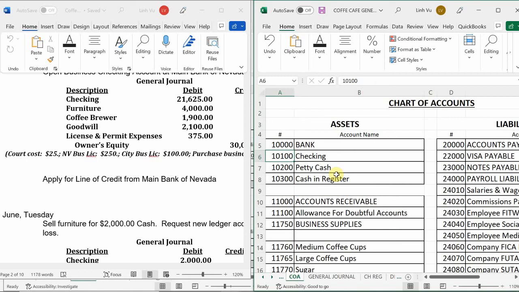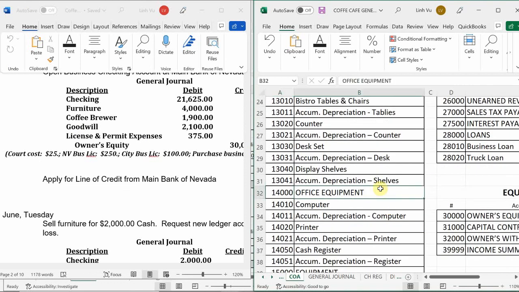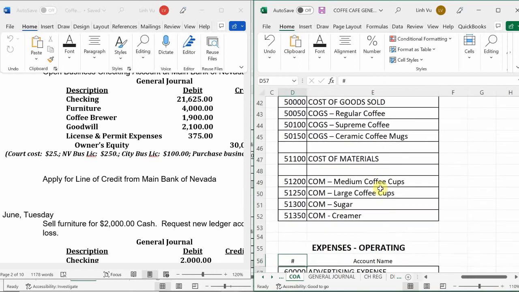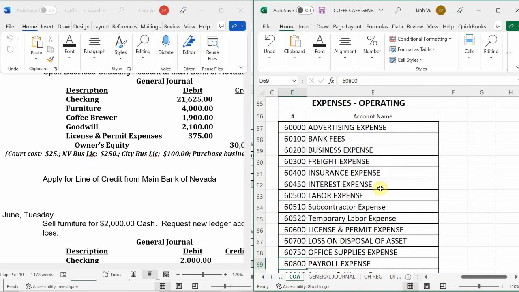Okay, now let's see what's next. I got $2,000 cash out of it. I have to record a loss, right? And I'm also getting rid of my furniture, so we already know we have a furniture account. Now, we need to figure out, do I actually have a loss account? Take a look at your expenses.